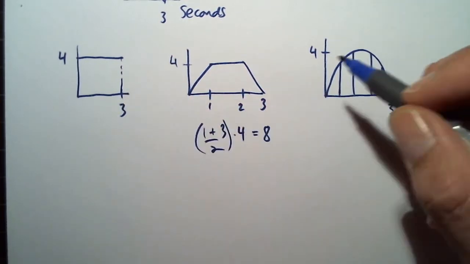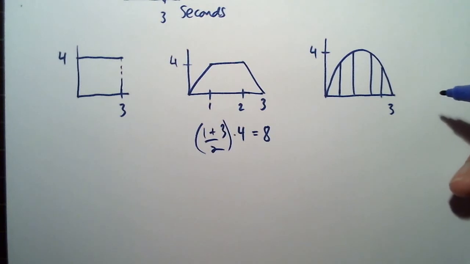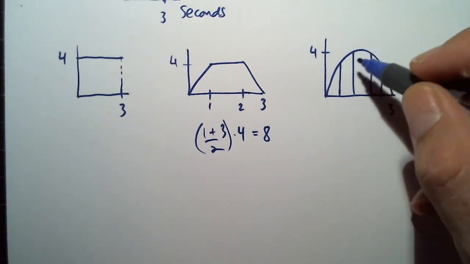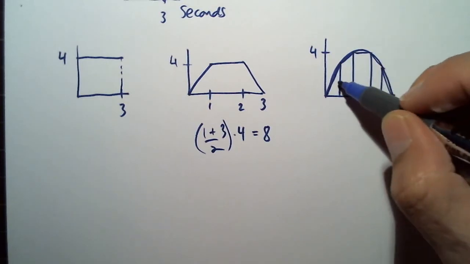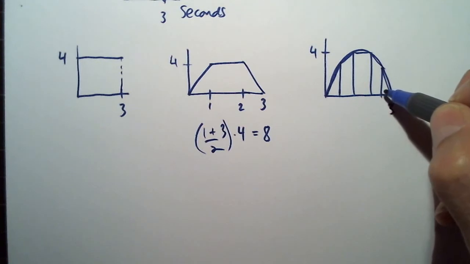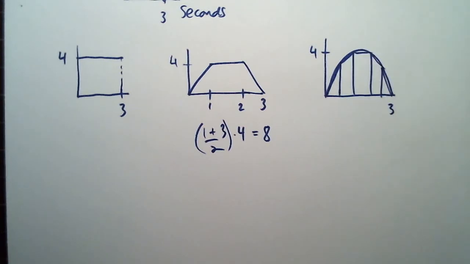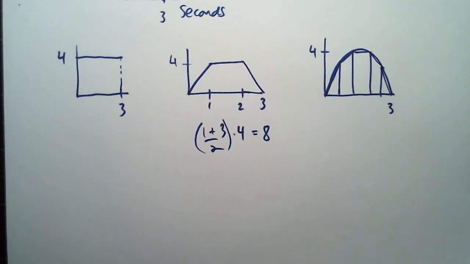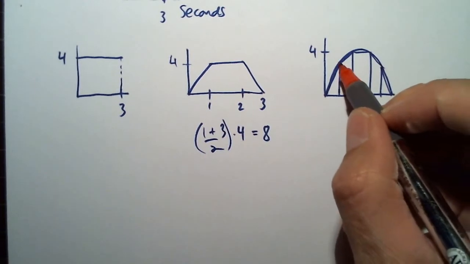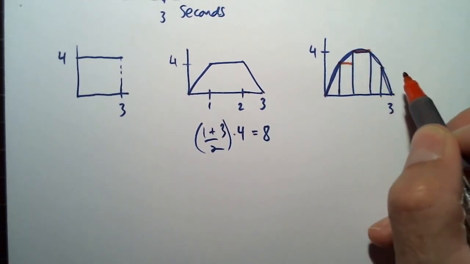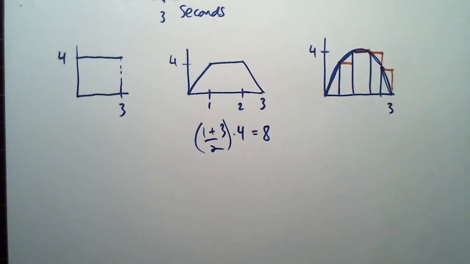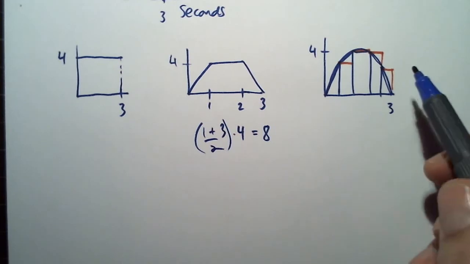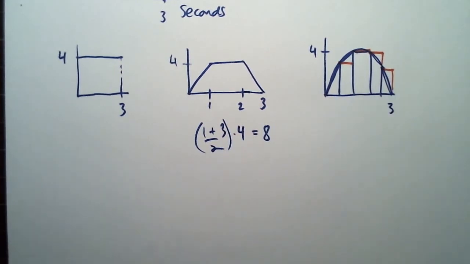We found the exact area, but for this curved line we're going to have to approximate it, because we might draw trapezoids with straight lines, so the areas of the trapezoids would be less than the actual area, but they'll be pretty close. So in addition to trapezoids, we could also draw rectangles, like that. And we'll look at today using trapezoids and rectangles.